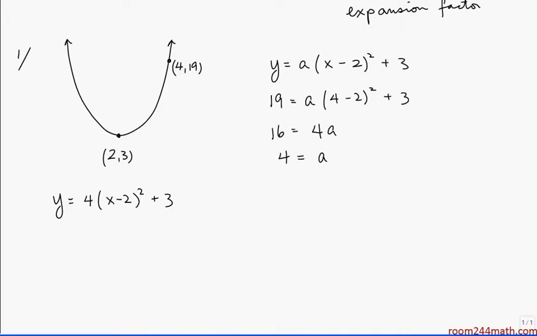Since the a value here is 4, we should be able to go 1 unit either side of the vertex with a change in the y value of 4. So there should be points at (3, 7) and (1, 7). If they aren't on your graph, then you've made a mistake. You've done one of the calculations wrong.